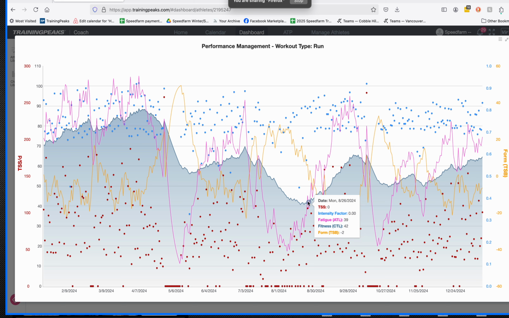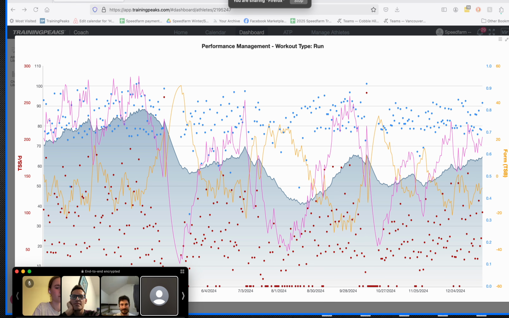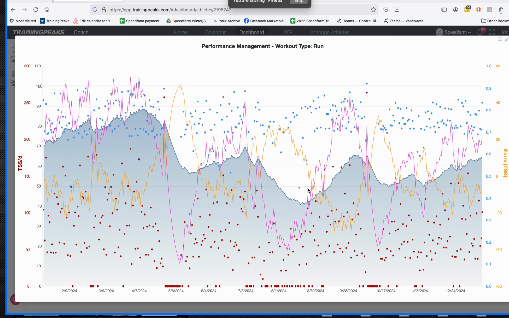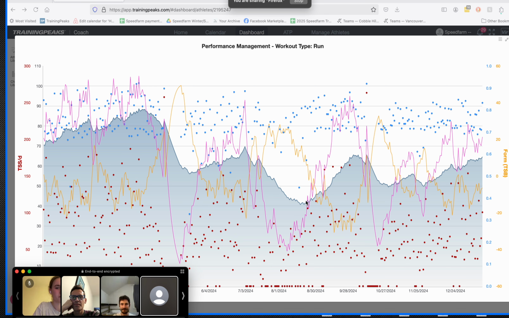One of the bad things about Martin's chart that actually turned out good in the end is how steep this build was. So this is something I've looked at on some of yours. Someone who's been injured frequently, I could look back, and one of the things I'm really concerned about is looking at how steep these builds are and whether that led to injury.